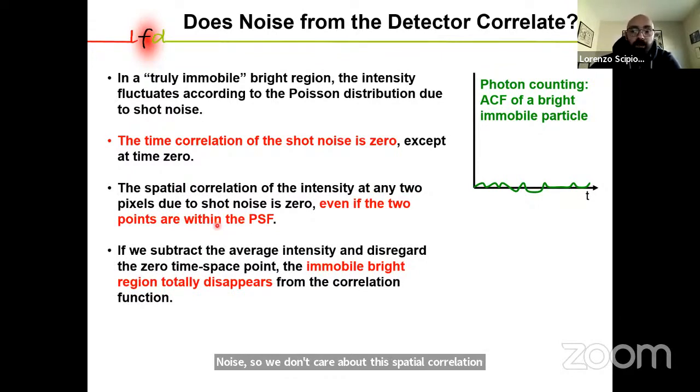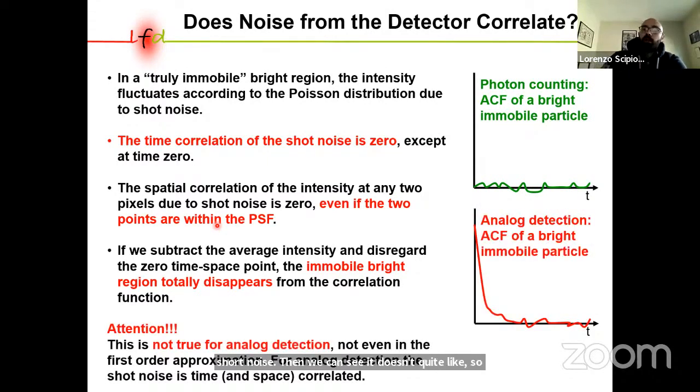So we just have to subtract the average intensity, and we're effectively removing the immobile fraction. We're only left with shot noise that doesn't correlate, so we don't care about it.